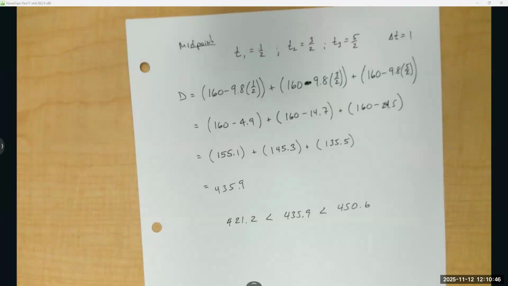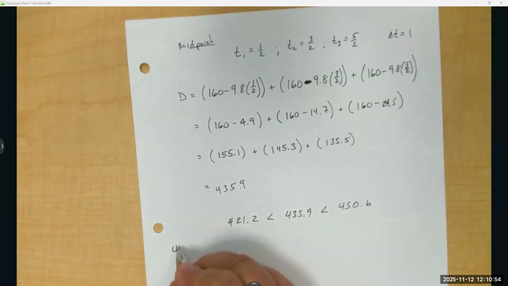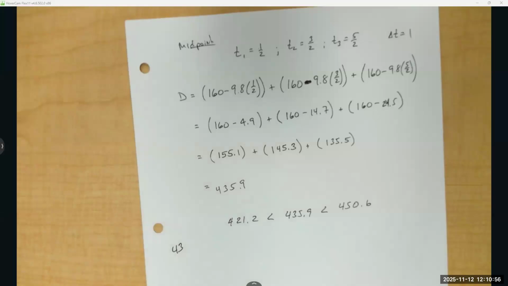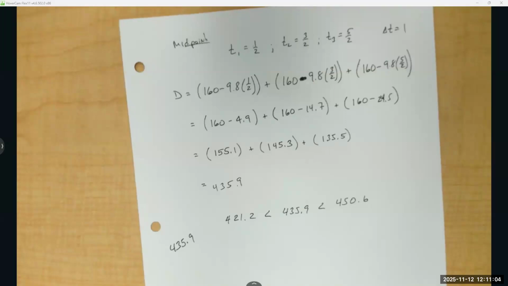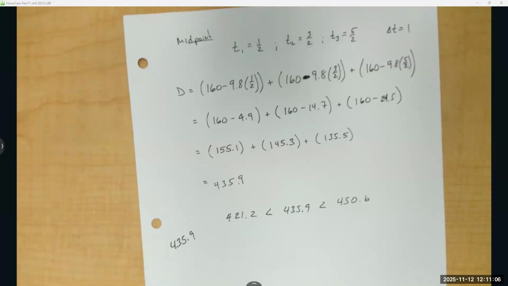Okay, and the next part of the question asked, how close do the sums come to the exact value of 435.9? In other words, here you can find the error magnitude and error percentage.